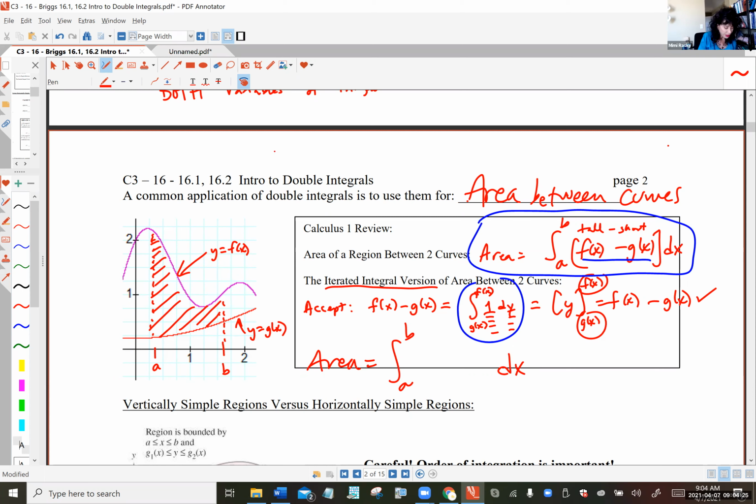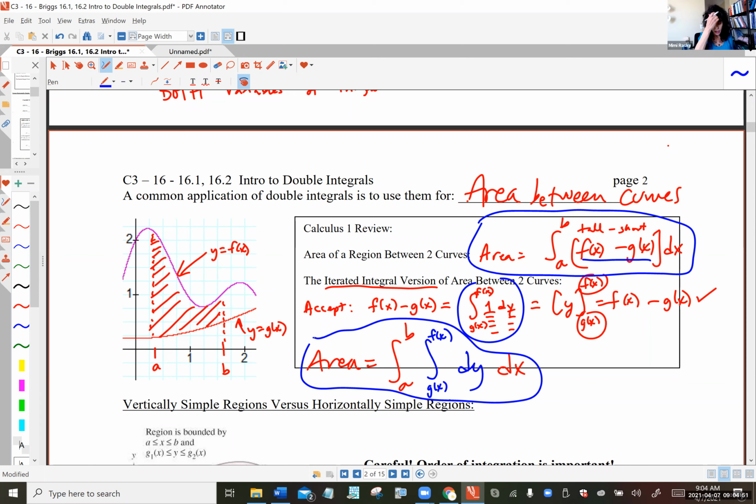And then we're going to replace the integrand with another integral. And there is a 1 here, but usually you won't see the 1 there. It's just understood. And you're just going to put dy. And there is the Calculus 3 iterated integral version of area between curves.